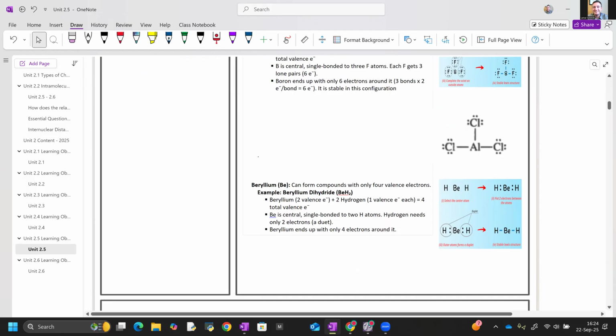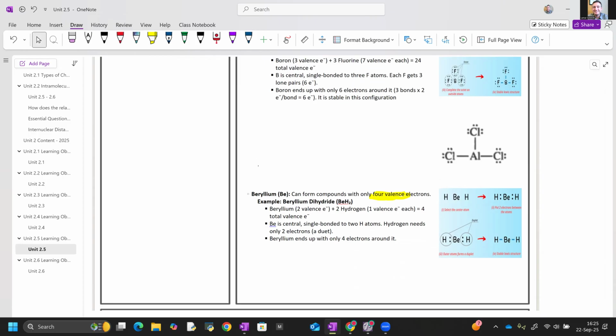Beryllium is going to have an incomplete octet, but with only 4 valence electrons. It's probably the only group 2 alkaline earth metal that we're going to see form a covalent bond. So we have to remember that beryllium can form an incomplete octet with only 4 valence electrons.